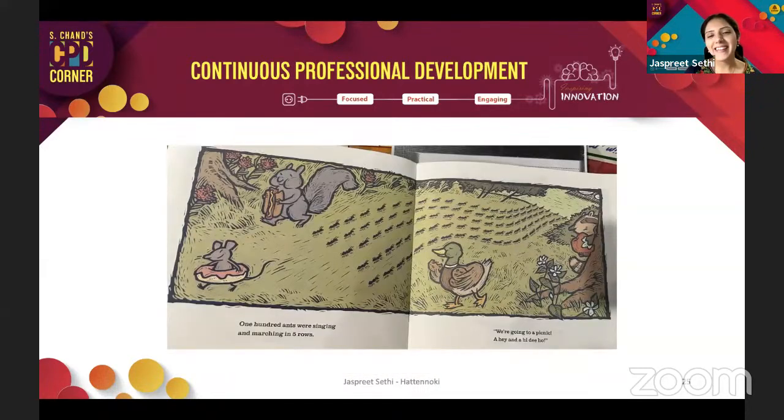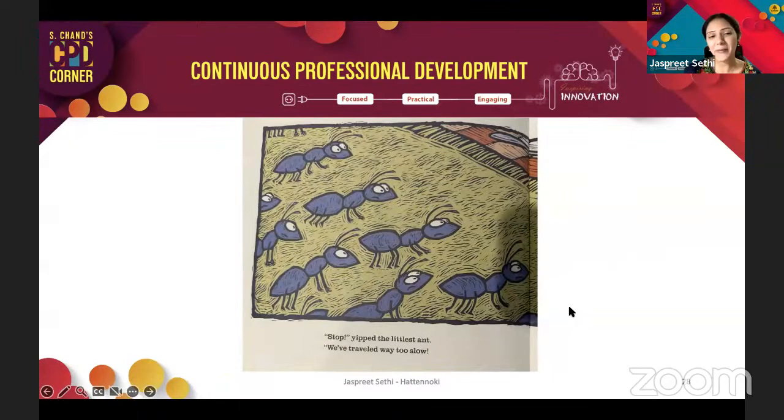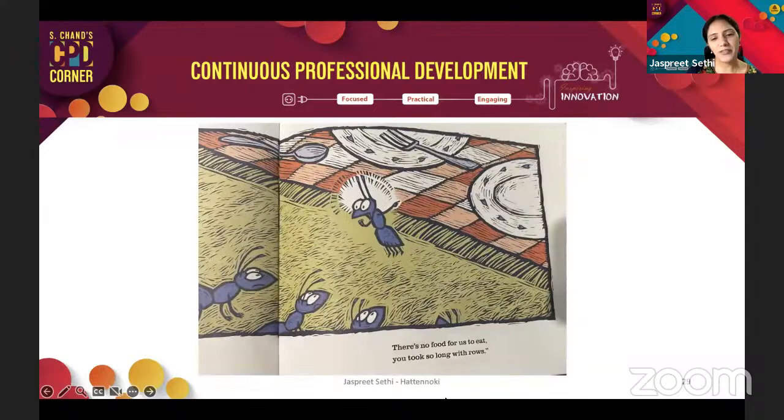You see this beautiful progression in the book until they reach the point where they say, okay, how about 10 lines of 10? And finally, what happens, which is a little sad, is that they've traveled way too slowly and there's no food left for them to eat, because they took so long with the rows.